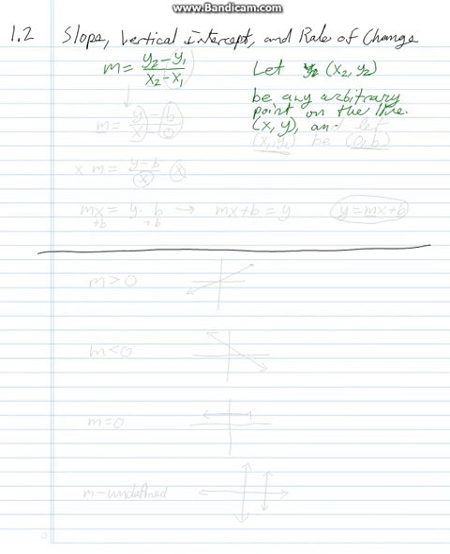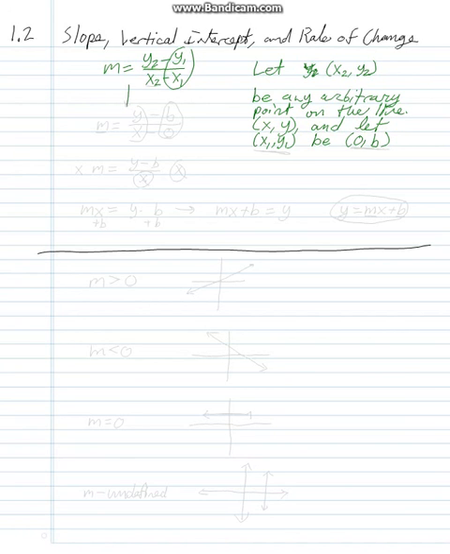And we will let x1, y1, the other point in the formula, be the vertical intercept. Okay, now we don't know what the vertical intercept is, we're just naming it. We're going to call it (0, b). Wherever this line has a vertical intercept, this will take care of it.